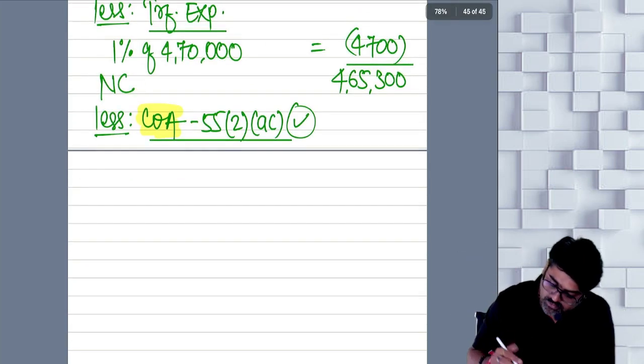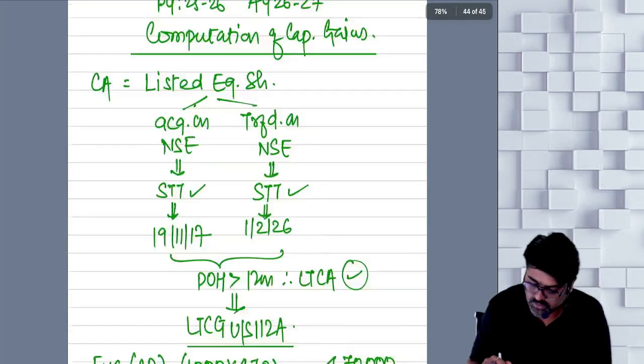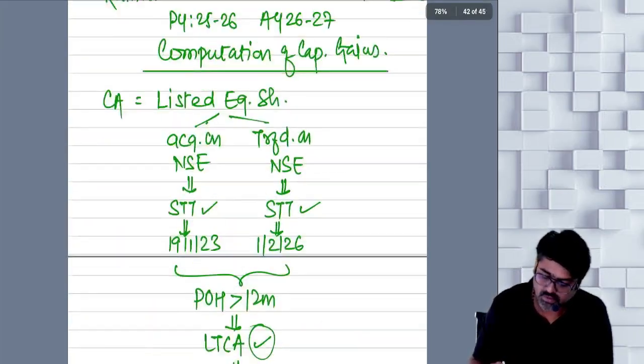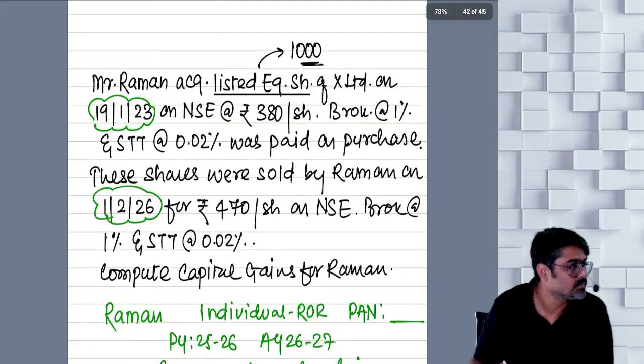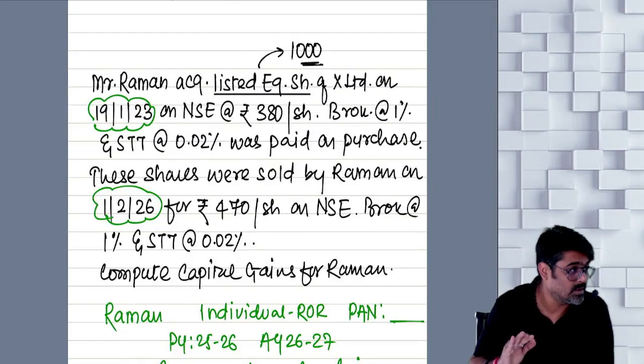Now here you are going to take A, actual cost. Tell me, what was the actual cost? 380, no? Wrong. Because at the time of purchase, you paid brokerage also. So brokerage will also be added to the cost.